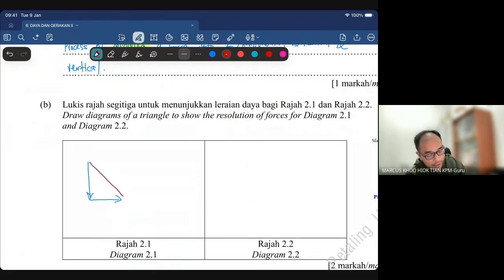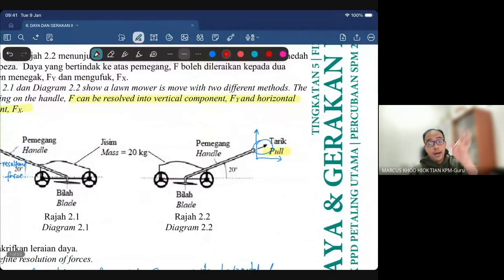So it will be like this. So the single force that is down, right, the original force, and the 2 resolved forces make a right angle triangle. So this will be how you would do this. So label it Fy for the vertical component and Fx for the horizontal component. Likewise, this one over here is the same, up and right.